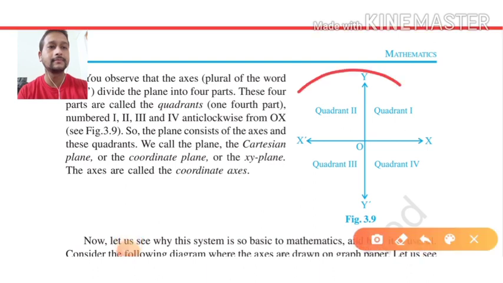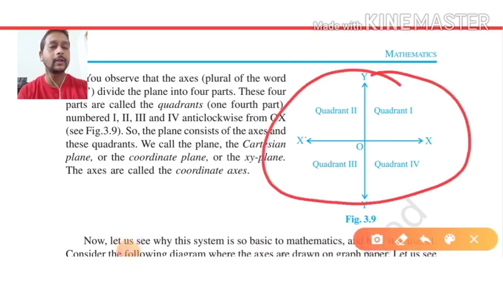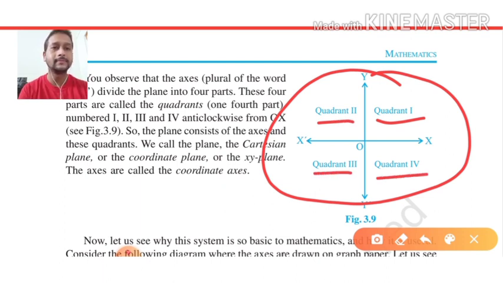Each of them is a quadrant. So this is quadrant 1, this is quadrant 2, this is quadrant 3, and this is quadrant 4. The 4 equal parts are the quadrants, that means each is one fourth part.